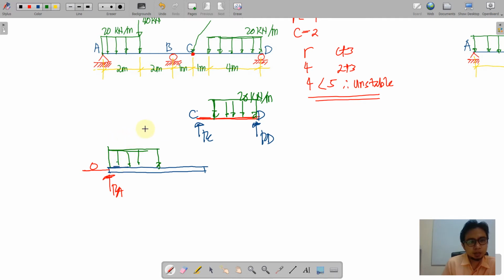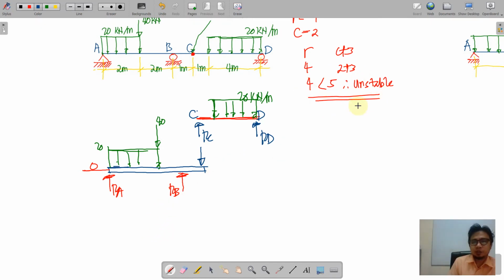This is 20, and we have here 40. We have here a roller. See, this is the roller. This is RB. And then the same RC will be applied here.